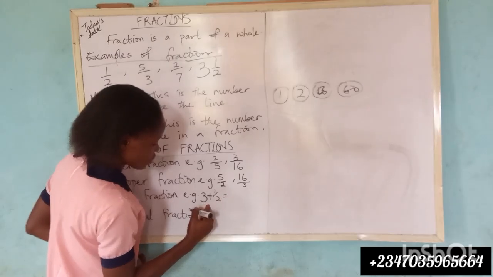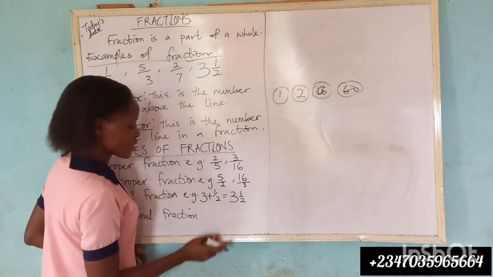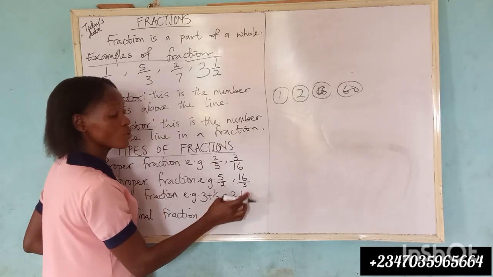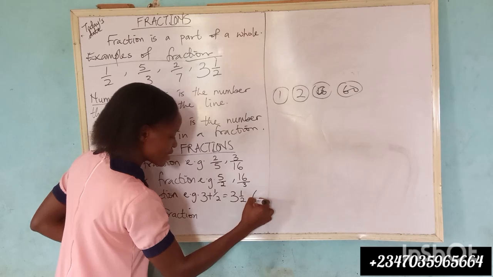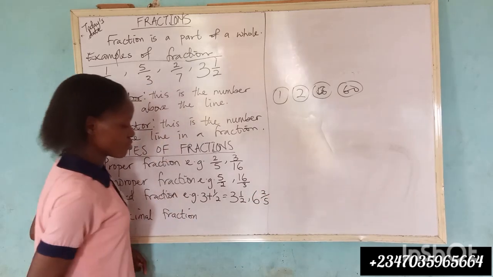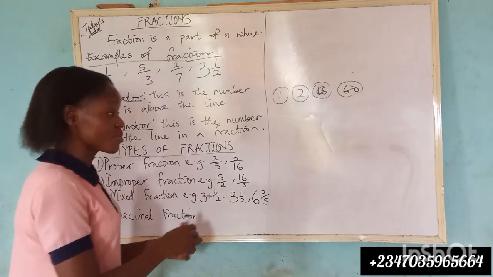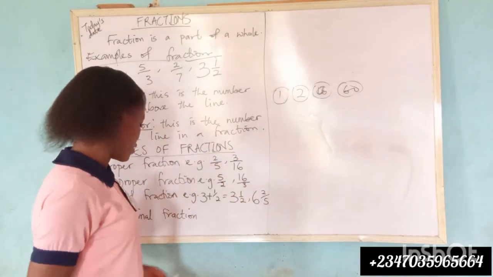So what I have is 3 whole breads and a half. That is 3 whole number 1/2. Another example, 6 whole number 2/5. A whole is something that we have not cut; it is still as full as it is.